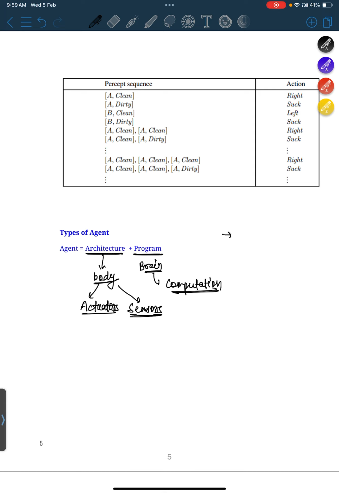One is the simple reflex agent. These are, as the name suggests itself, just simple agents which take की क्या input है and उसके basis पे output क्या आने वाला है. They don't care about what happened in the past.